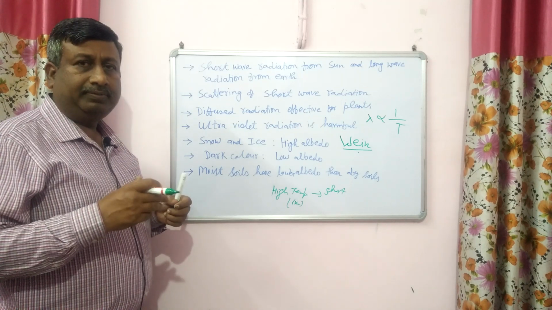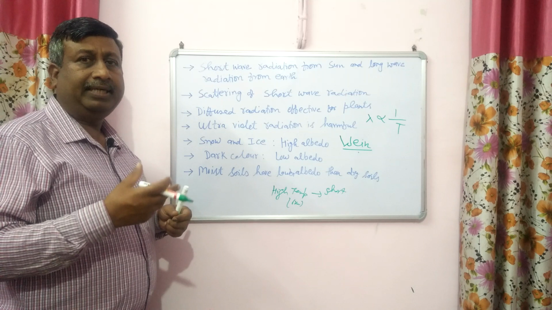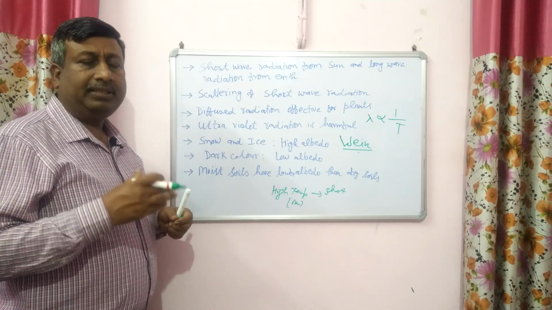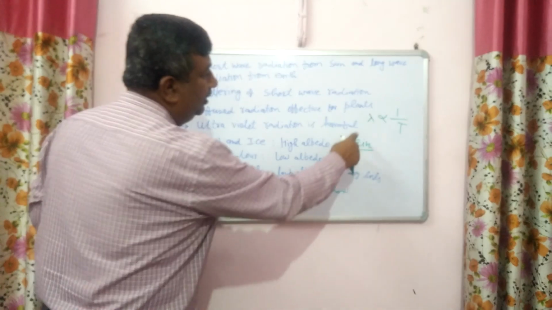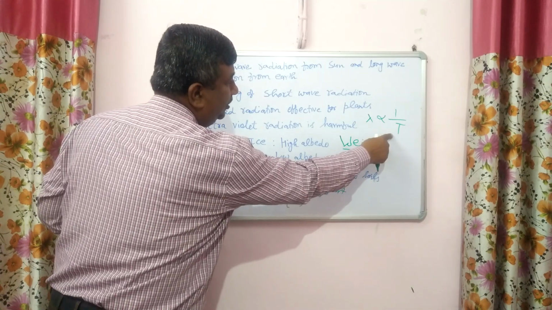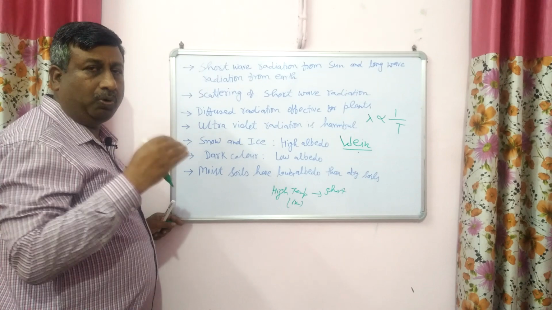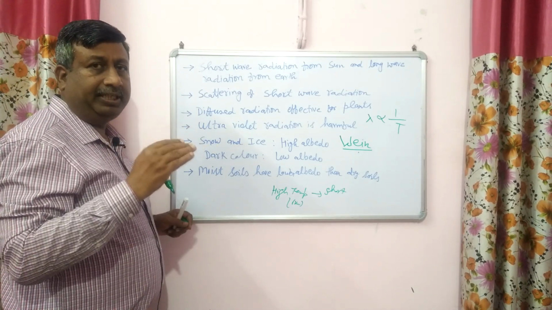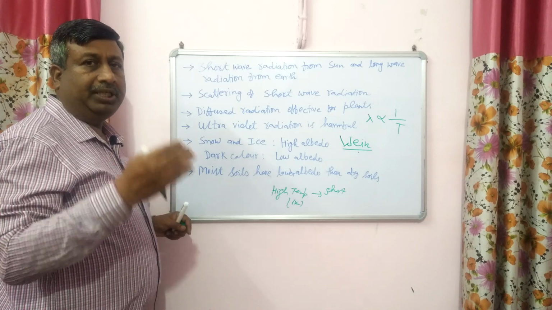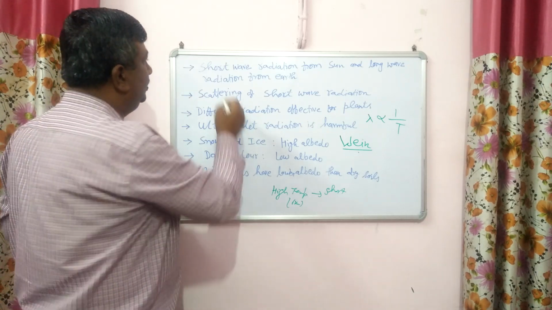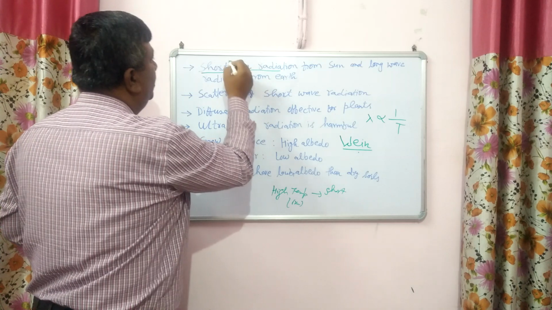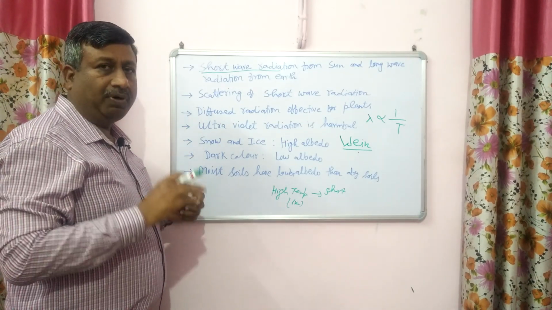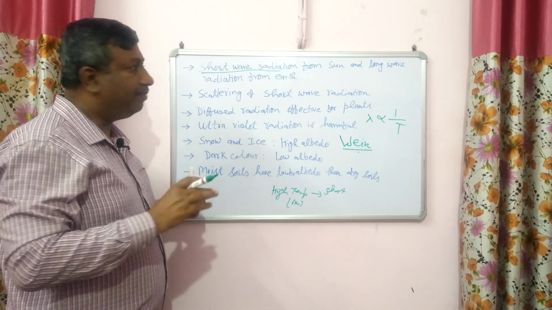So when the earth gets heat from solar radiation, it starts to emit radiation, and this radiation is inversely related to the temperature. The temperature of the earth is low, that's why the wavelength is more. That's why the earth radiation is long wave radiation, that is, in the infrared region. So this is the reason that the major part of solar radiation is short wave, and in the case of the earth, the major part is long wave radiation.